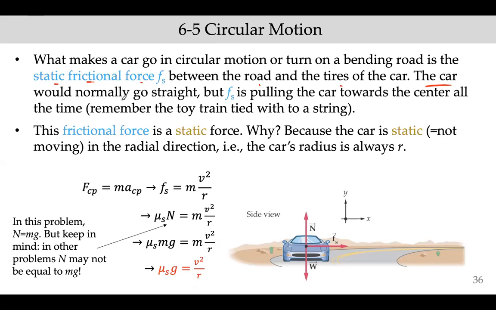The car would normally go straight, remember, from Newton's laws. Just like the toy train, it would go straight if there's no force pulling it to the left or right.